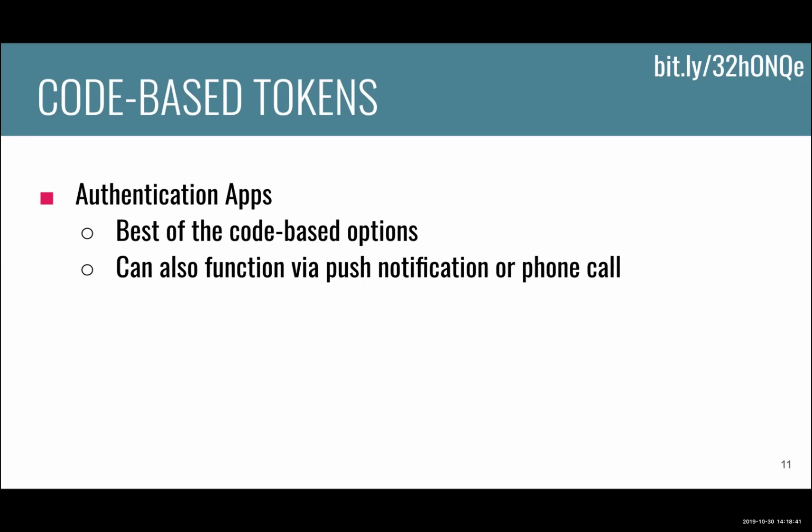That code and the previous one and the next one are valid, and that's to account for differences in what time server your phone's using versus what time server their server's using, all that sort of stuff. They're pretty good. Those codes are still susceptible to phishing attacks, which we'll talk about here in a little bit.